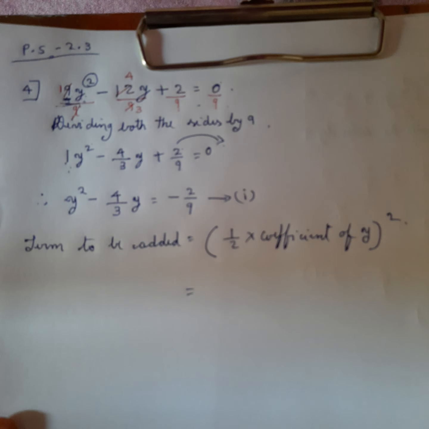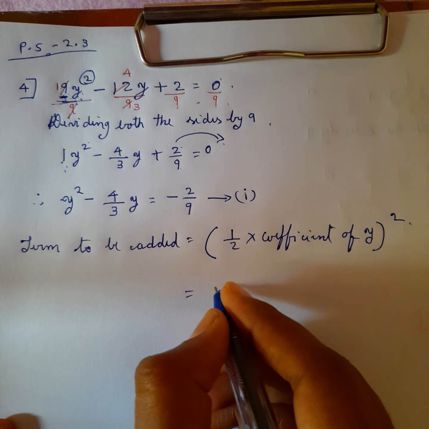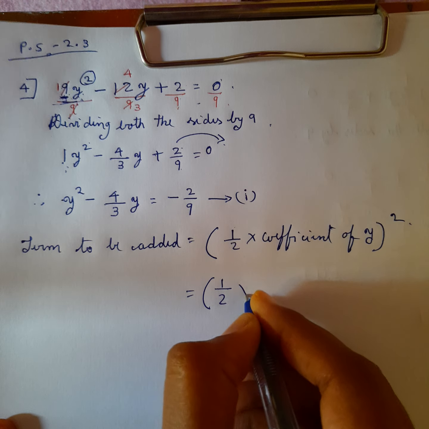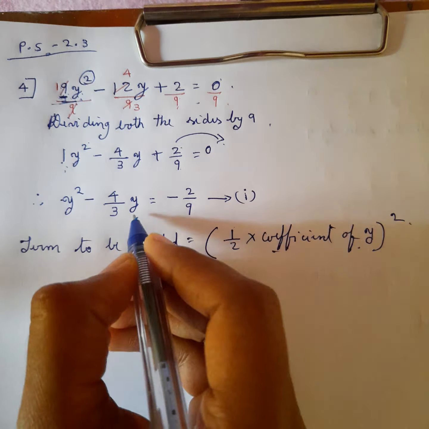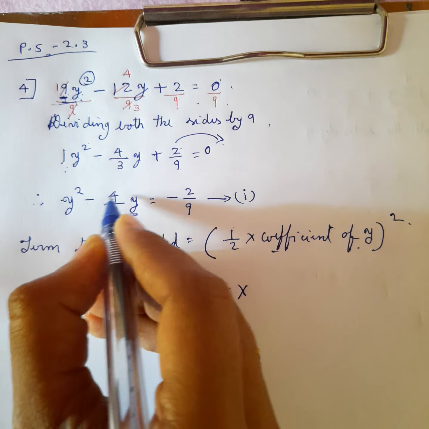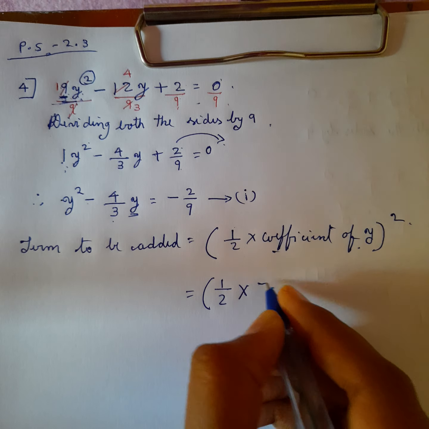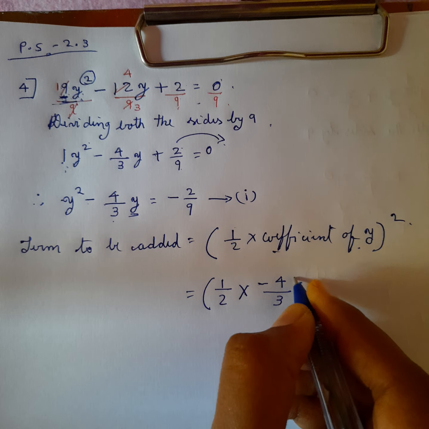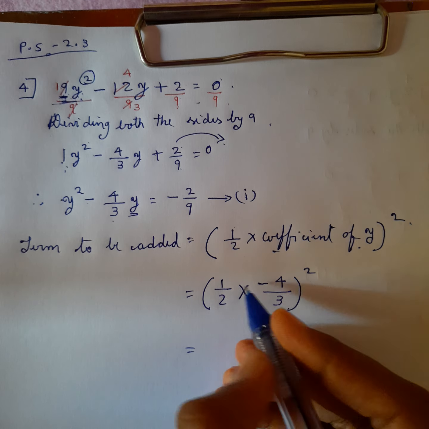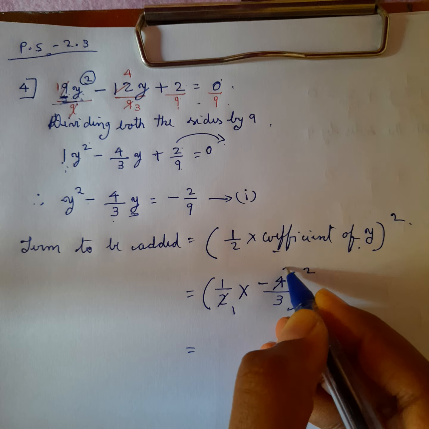Now focus here, half into the coefficient of y, here we have y and the coefficient is negative 4 by 3, into negative 4 by 3, square. Now simplify this, 2 1s are 2, 2 2s are 4.